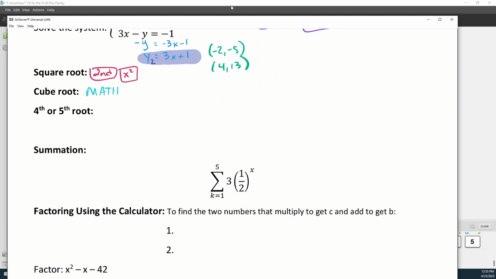It's under math. So it's math and then number 4. If you hit math, you'll probably recognize it. And then if you're still looking at the math, a root that's not square root or cube root, you can choose 5 and then make it any root you want it to be.